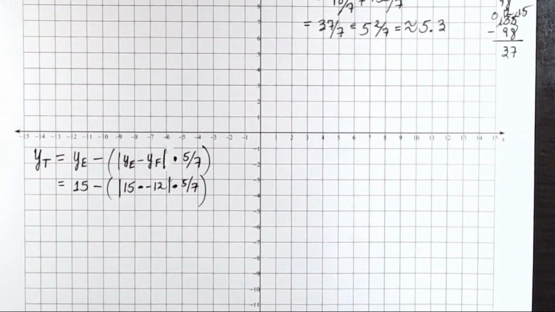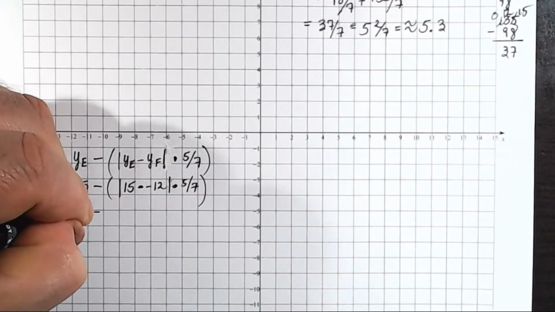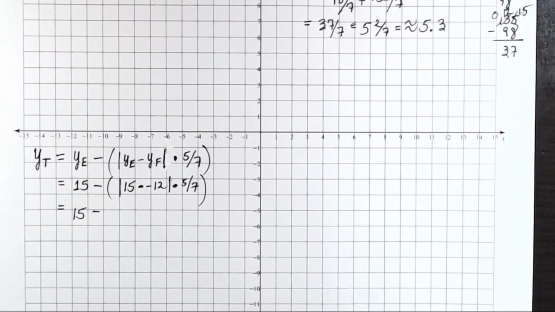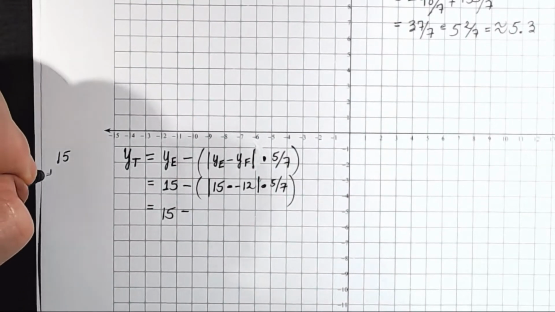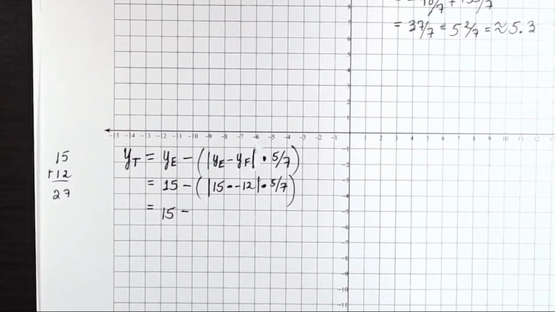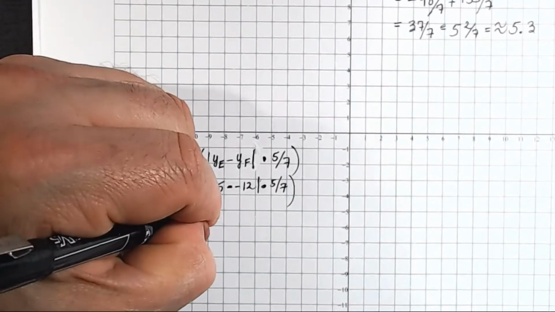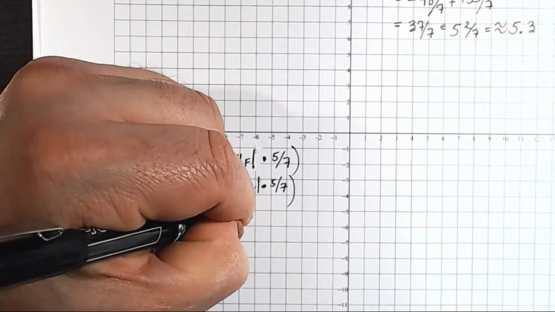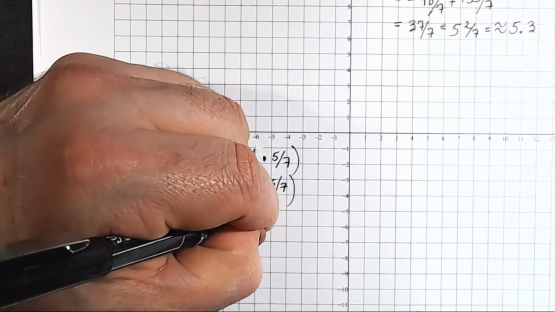close parentheses. All right, so this is equal to 15 minus, and now we need to do, okay, minus minus is plus, so we'll do 15 plus 12. All right, and that's just 27. So 15 minus, open parentheses, 27 over 1 times 5/7.